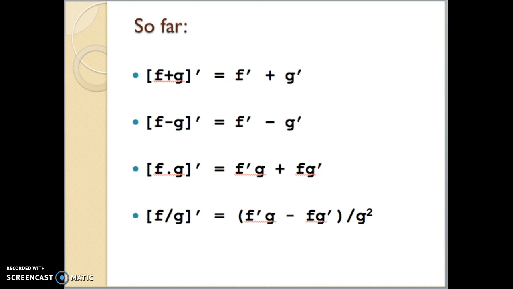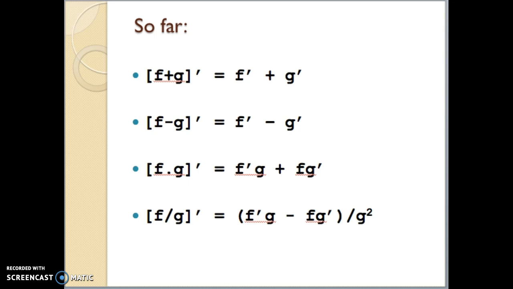So far we have seen different ways of combining functions. If we add them, we have f plus g, and if we take the derivative of that, we just take the derivatives of the individual functions. So f plus g prime is f prime plus g prime. F minus g prime is f prime minus g prime.